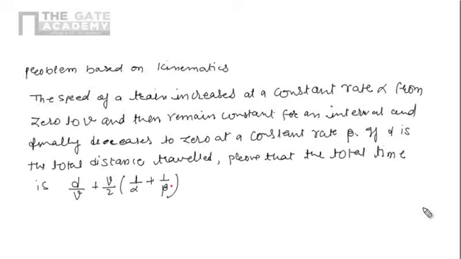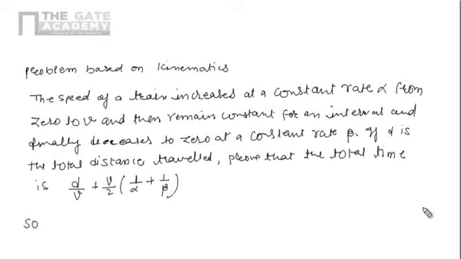Similarly, finally the speed of the train decreases to 0 at a constant rate beta. Beta is nothing but a retardation. Total distance d is given, and we have to prove that the total time is d by v plus v by 2 bracket 1 by alpha plus 1 by beta.